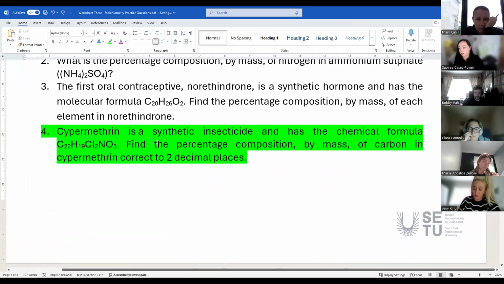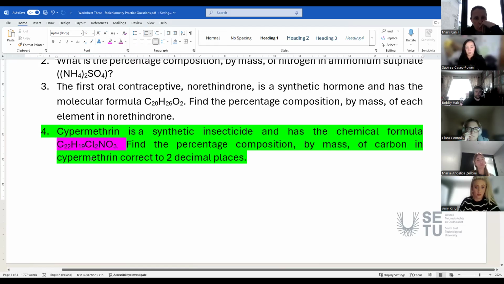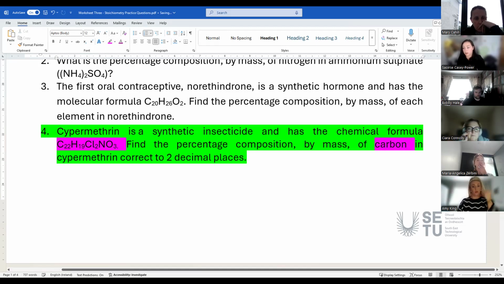These are set exam questions, so they'll give you a bit of a spiel about the compound itself. But all you need to know are the compound you're working with, and what element we're looking for. In this case, it's carbon.